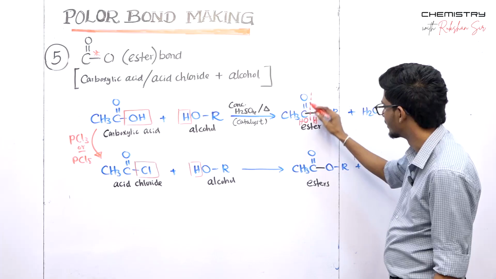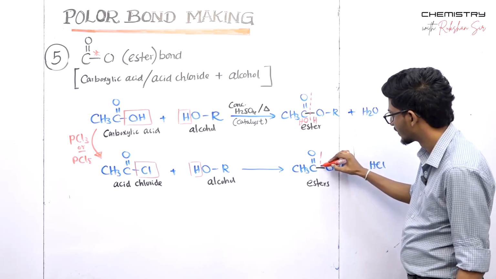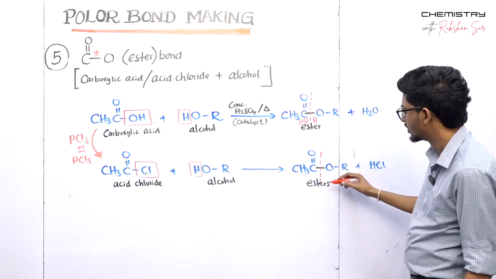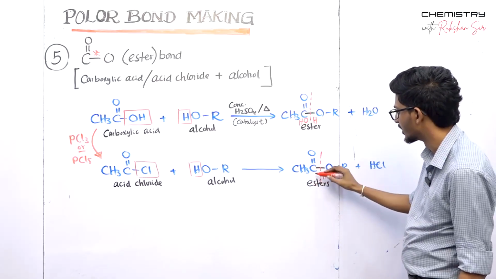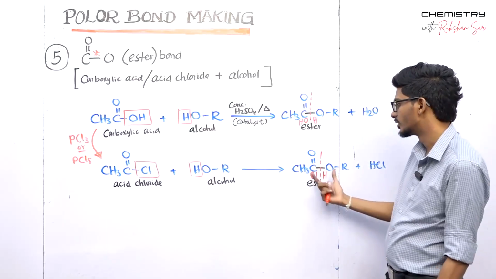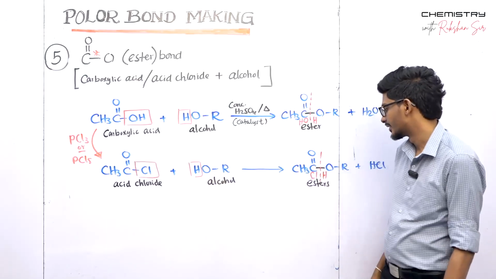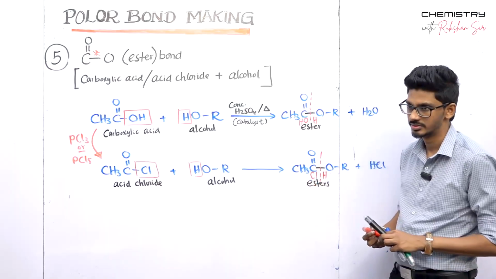That is one way of breaking the ester bond, and the other way is to add hydrogen to the oxygen side and a Cl to the carbon side. Those are the two methods available to break the ester bond to come up with the two compounds responsible for making the ester, right?